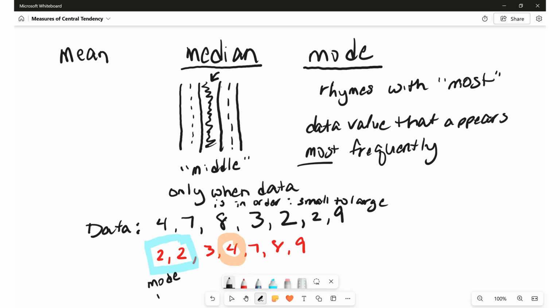So the mode is 2. And this is the median. So that is median and mode. And I did those two first just because median and mode, honestly, they are the easiest ones to calculate. It's not that bad. Okay?